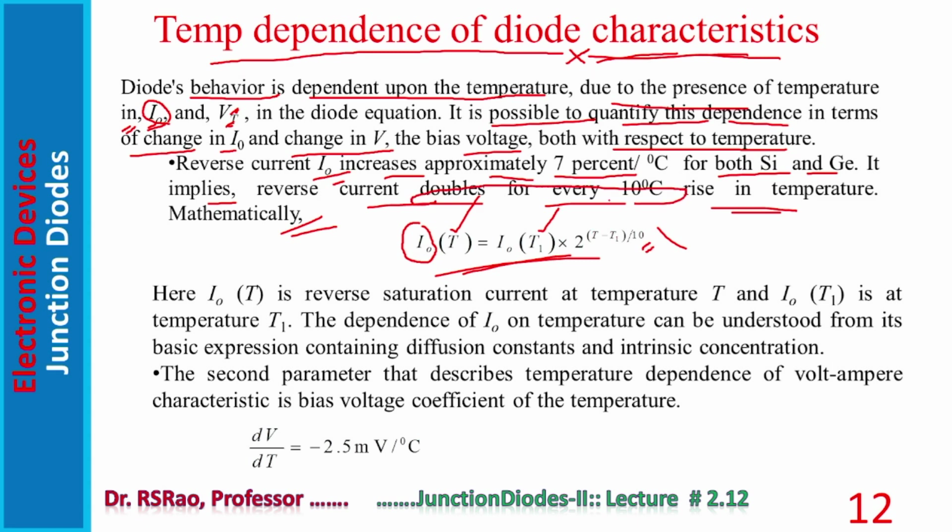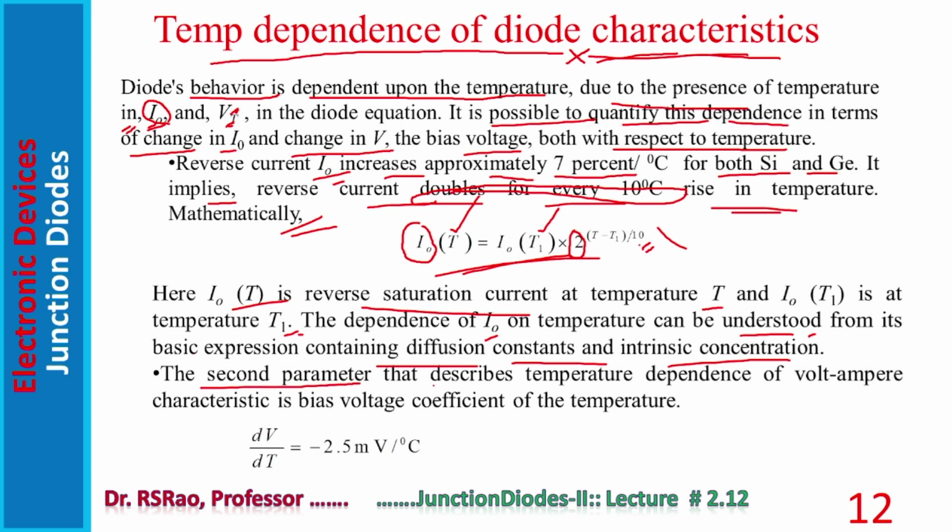Current doubles. Double means 2. Every 10 degree rise in temperature means (T minus T1) by 10. Here I0 of T is the reverse saturation current at a temperature T and I0 of T1 is at a temperature T1. Dependence of I0 on temperature can be understood from its basic expression containing diffusion constants and intrinsic concentration. This point is already mentioned.